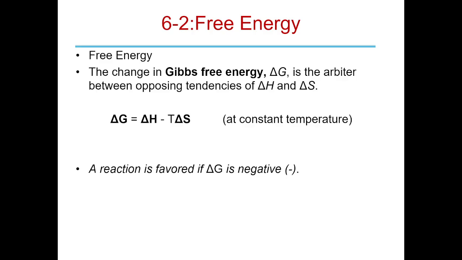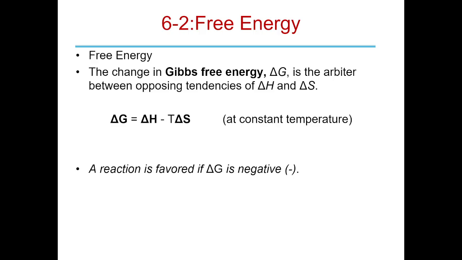Okay, so free energy. This is Gibbs free energy, if we're being specific with the terminology here, which is always good. Delta G is the arbiter between the opposing tendencies of delta H and delta S. In most systems, increasing delta S tends to decrease delta H, and vice versa.